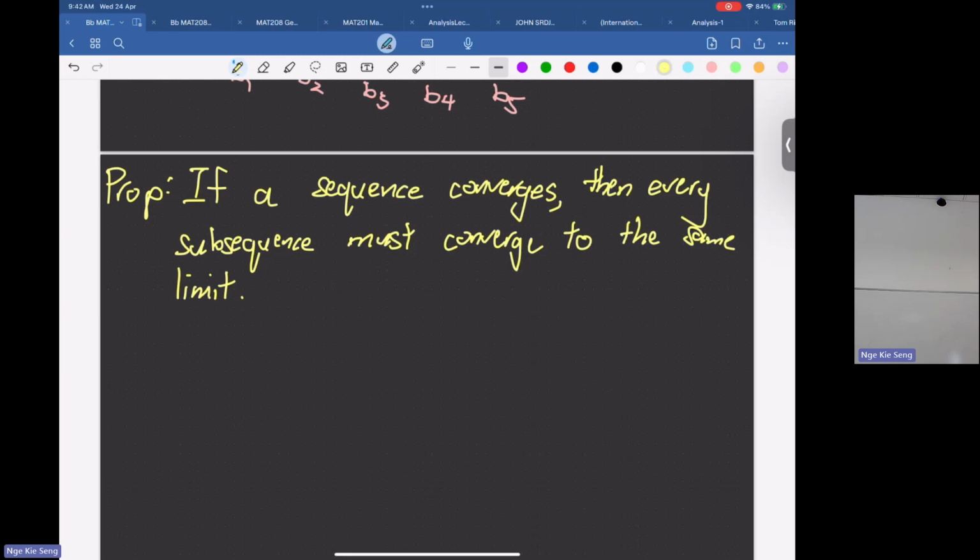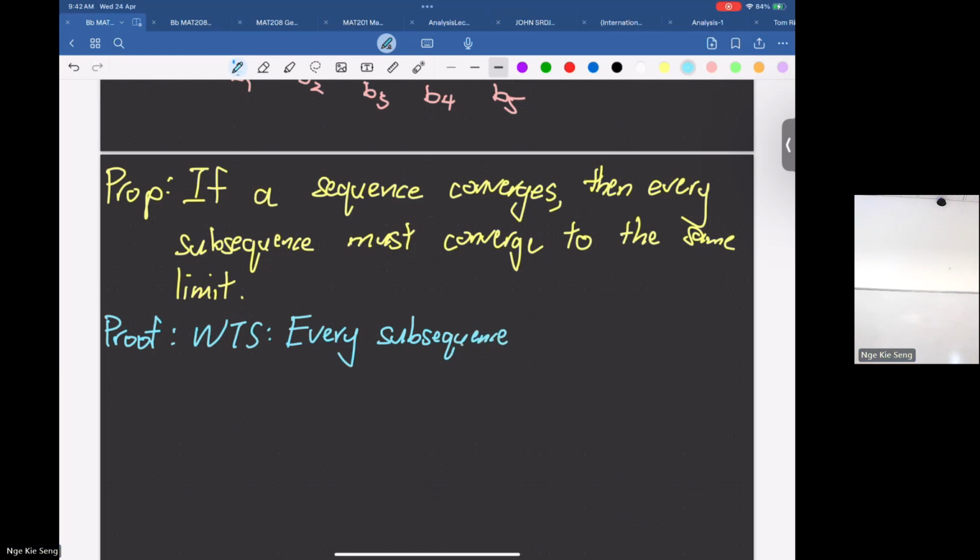So you see, you want to show it for every subsequence. Universal quantifier again, so you need to start with any subsequence. So let's put our goal first. Whenever people say prove something, what is the thing you want to prove? Very important. So we want to show that every subsequence must converge to the limit of the original sequence.